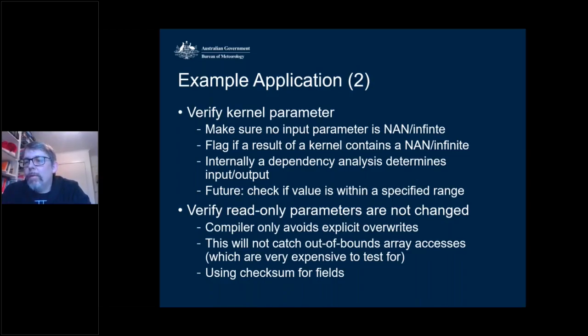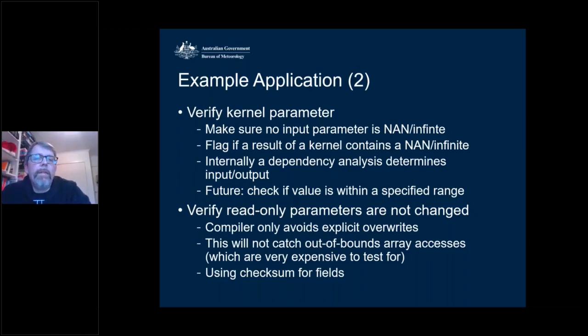Now, yes, there's array bounds checking, but we all know this is extremely slow and not something you want to run regularly. This is an application or transformation you can apply to all your codes. It's reasonably cheap. It just computes a checksum for the field before the kernel call, computes a checksum again at the end of the kernel call, and flags if there is any difference in those two values.